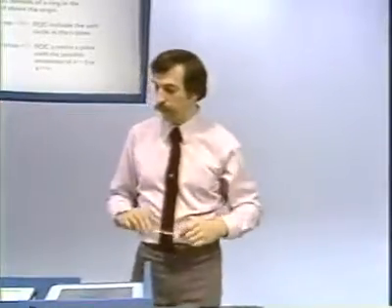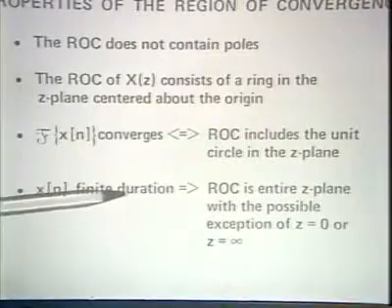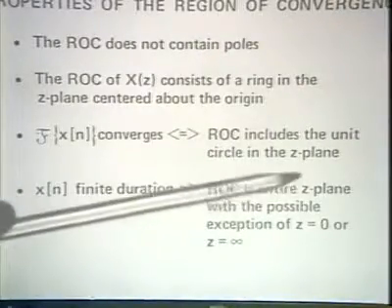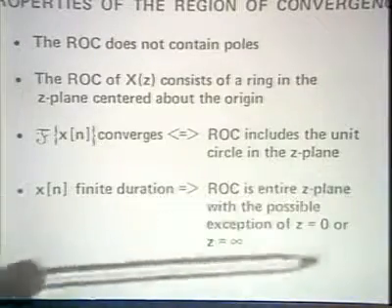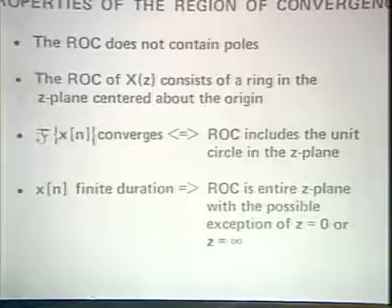And since I'm only doing this over a finite interval, no matter how I choose that exponential, we'll end up with an absolutely summable product. So if x of n is of finite duration, then the region of convergence is the entire z-plane, possibly with the exception of the origin or infinity.